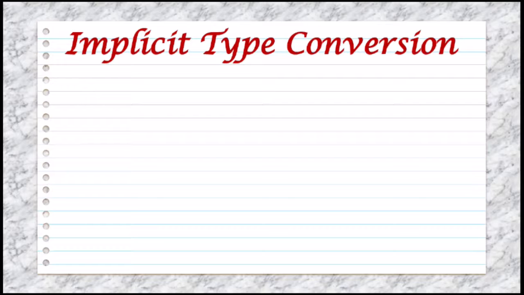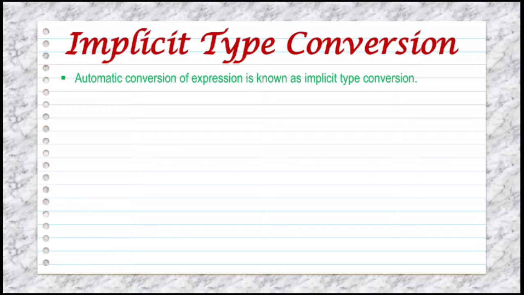This type of expression automatically converts any intermediate values to the proper type, so the expression can be evaluated without losing any significance. This automatic conversion is known as implicit type conversion.